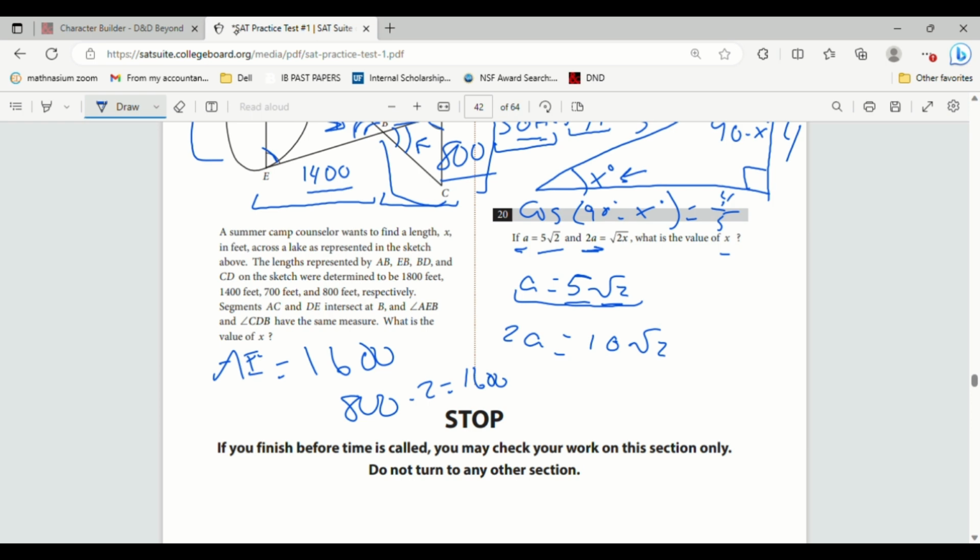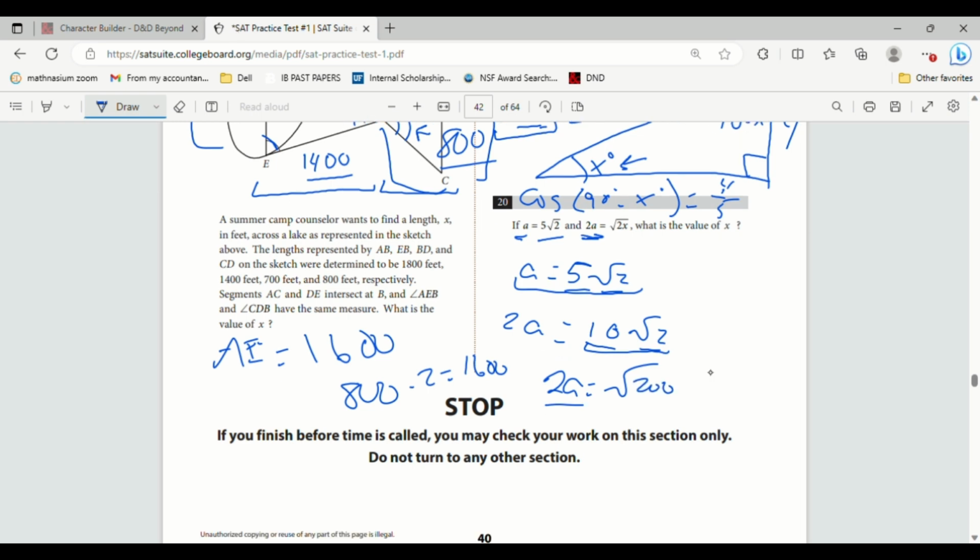Then we can undo this radical, because for 2a there's nothing on the outside of the radical, which makes it easier on us. Remember, we square the outside number and then multiply that by the number on the inside of the radical. So 10 squared is 100, times 2 is 200. So 2a equals the square root of 200.